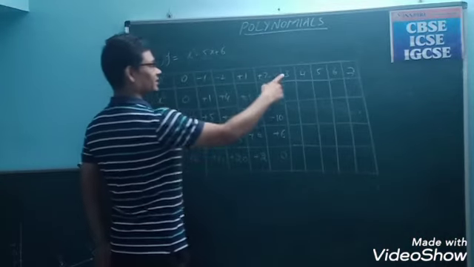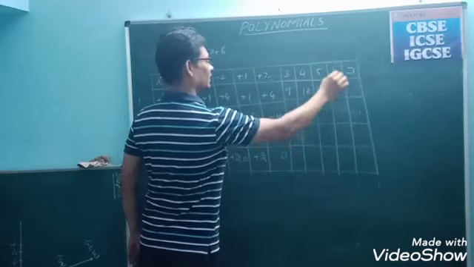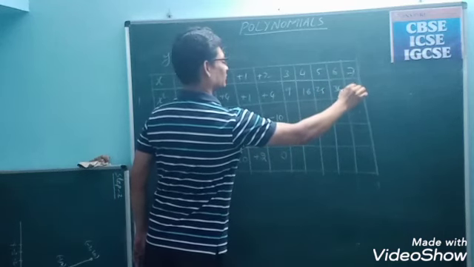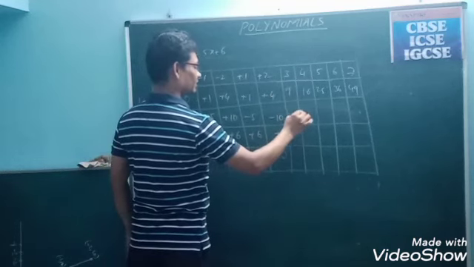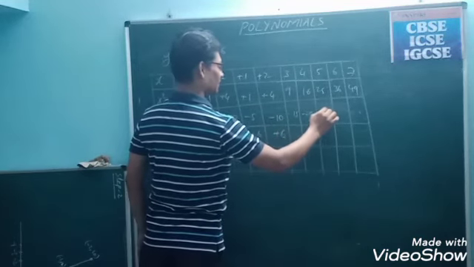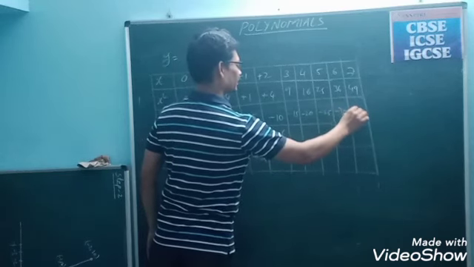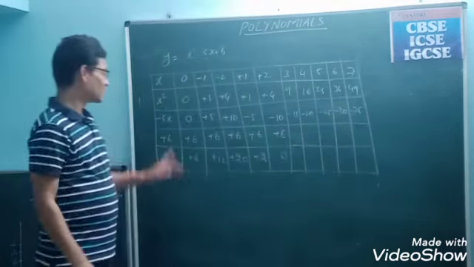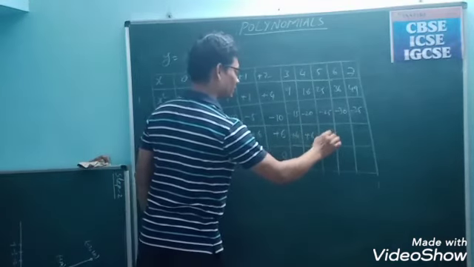If x is 3, x square will be 9, then 16, then 25, then 36, then 49. So minus 5x: minus 5 into 3 is minus 15, minus 20, minus 25, minus 30, minus 35. Here 6 is a constant as I said, it doesn't change its value.